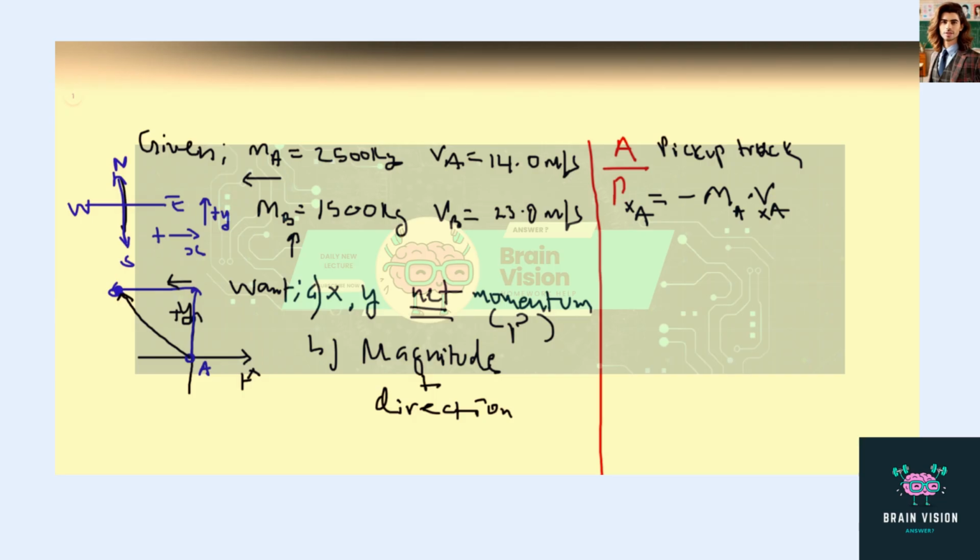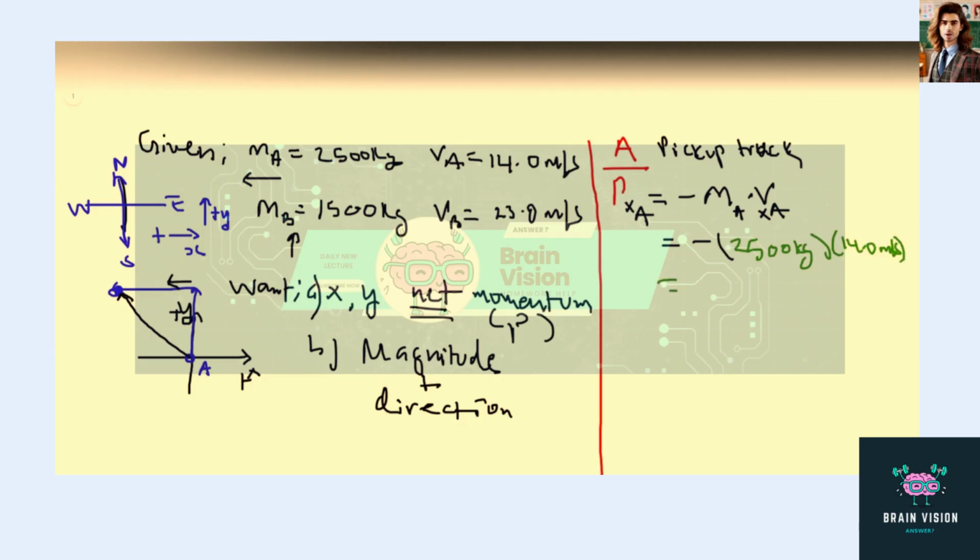If we plug in the numbers, we get negative. The mass is 2,500 kilograms times the velocity, which is 14.0 meters per second.